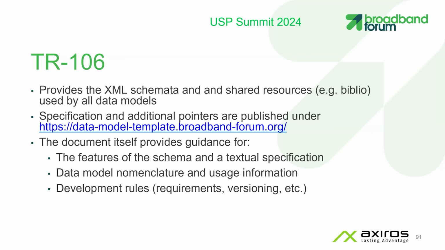So what is considered compatible and allowed to change, or what is considered breaking changes. That's all described in Tier 106, the document. And again, it's a little bit unknown and underrated. But it's actually a very important document. And if you want to use the Broadband Forum Data Models, you're highly encouraged to have a look, because that might also answer a lot of the questions that you have.